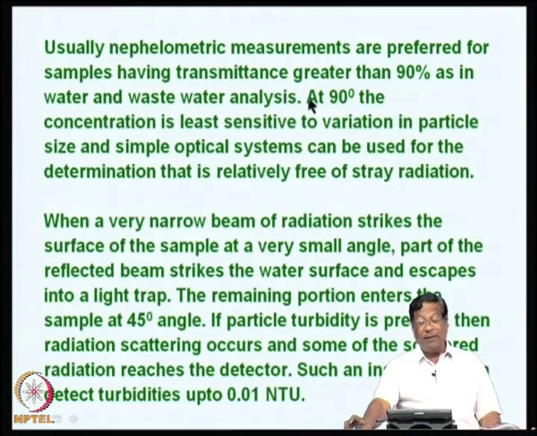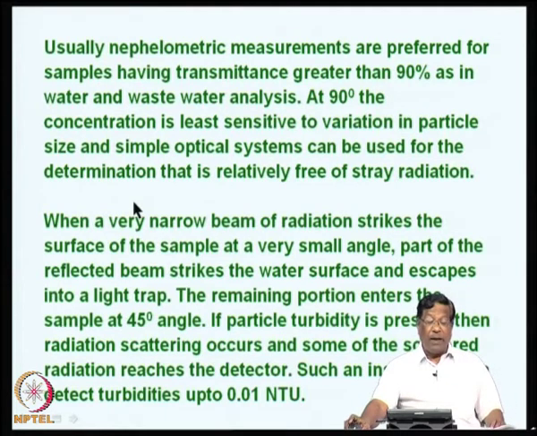At 90 degrees to the incident radiation, the concentration measurement is least sensitive to the variation in particle size, and simple optical systems like our filter photometers, which we have discussed earlier, can be used for the determination that is relatively free from stray radiation.